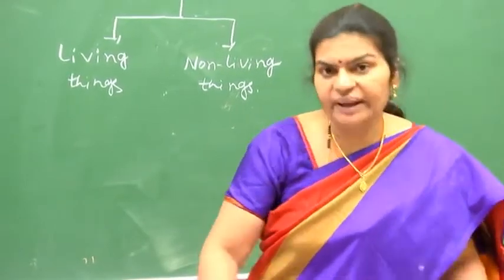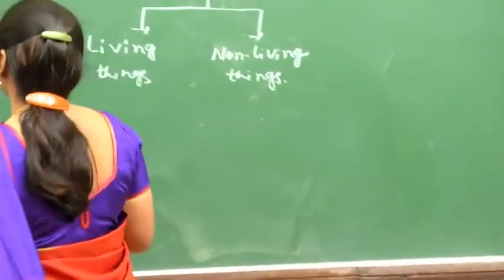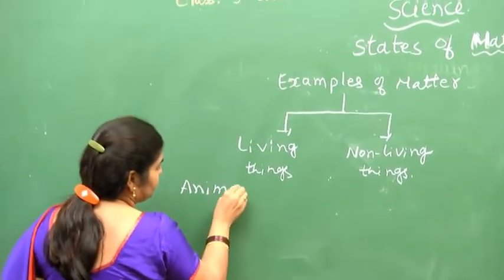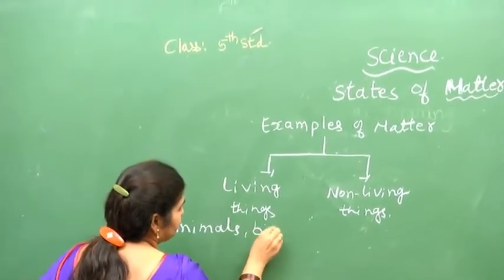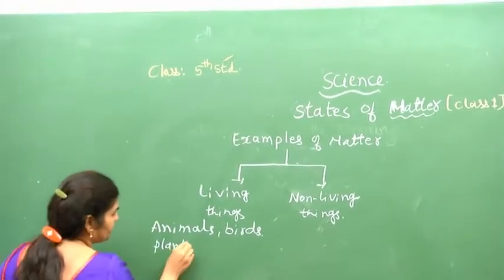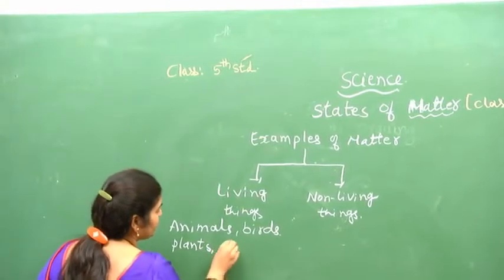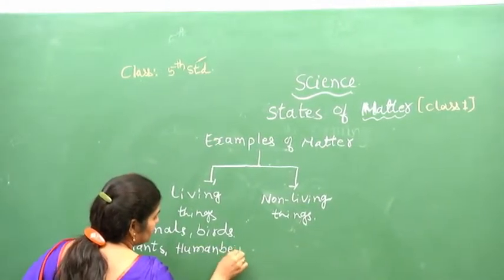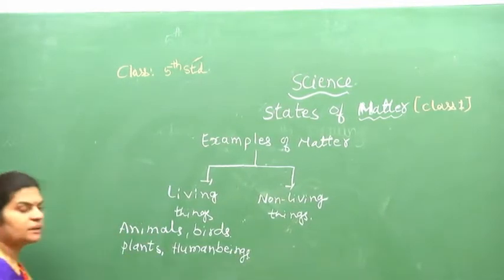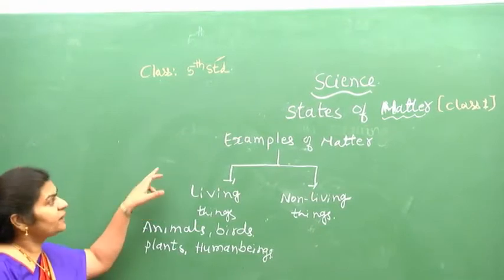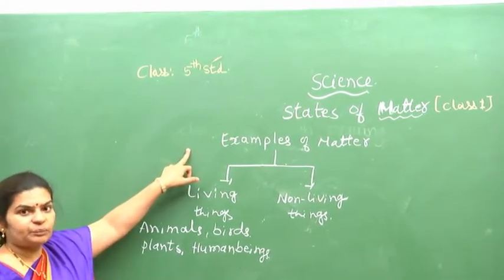So when we consider living things: animals, birds, plants, including human beings, they are all called living things, and are examples of matter.